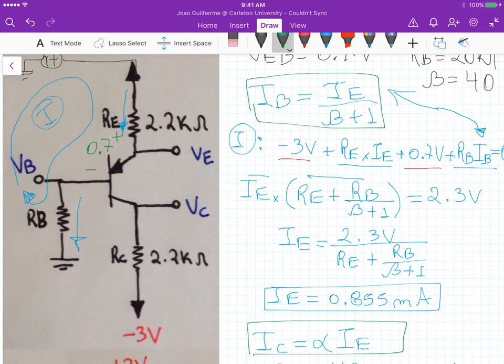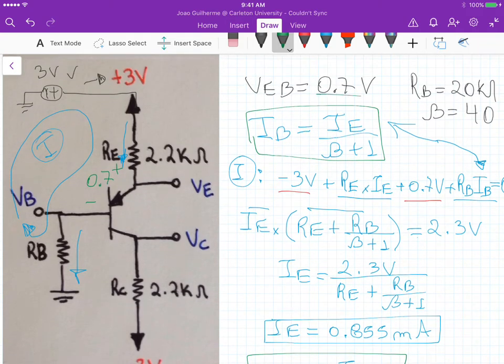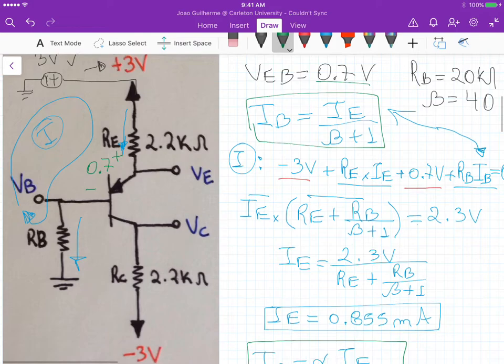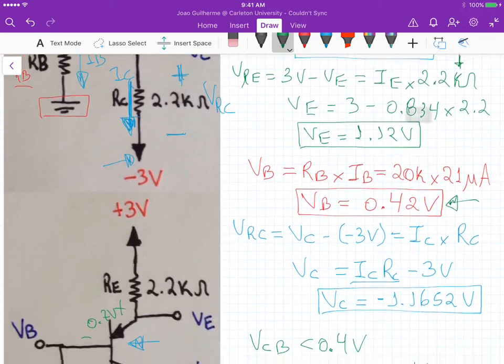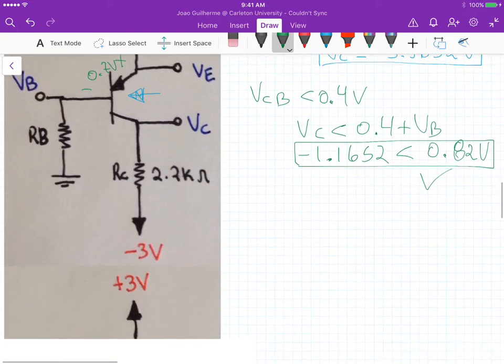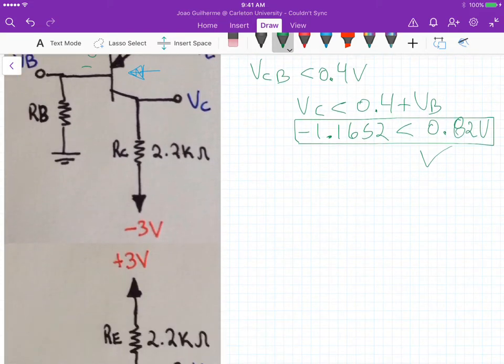So that's why we assume active mode operation. Then we are allowed to use these relationships using the common emitter current gain and the common base current gain, beta and alpha, to establish these relationships between currents, okay? So that's the first analysis. So we are done with part A.